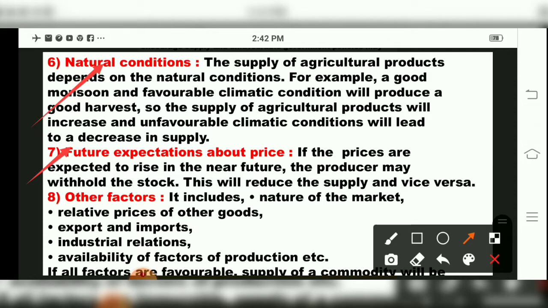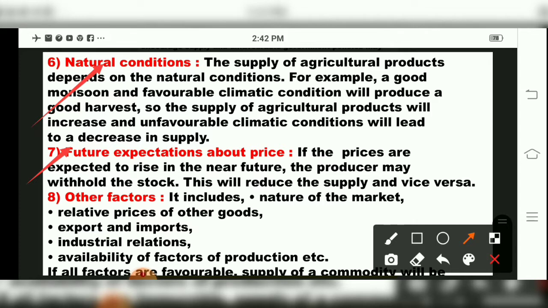So in future if the demand is more, price will be more and supply will be more. So expecting that in future the price will be high, people stop selling things, children, and they keep them as stock. So this also is one determinant, future expectations about price.